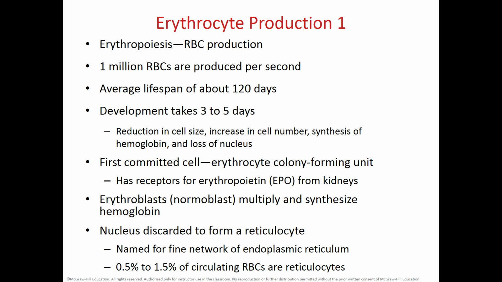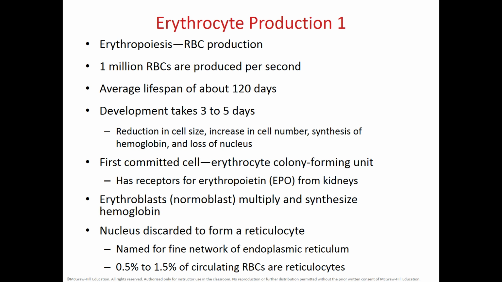Now, the first committed cell in erythropoiesis is the erythroblast. This erythroblast is part of the erythrocyte colony forming unit. It will have receptors for a hormone known as erythropoietin, or EPO. This erythropoietin is made by the kidneys.